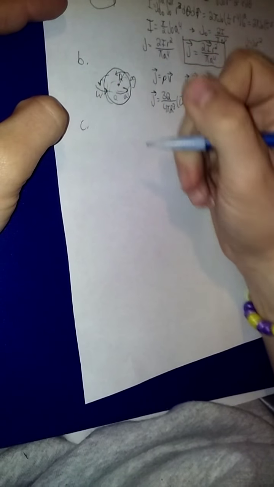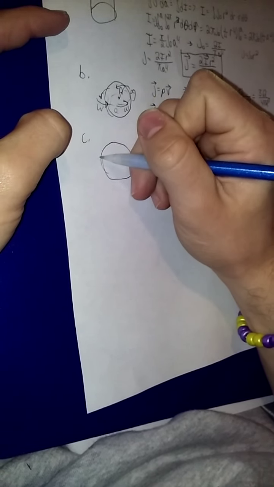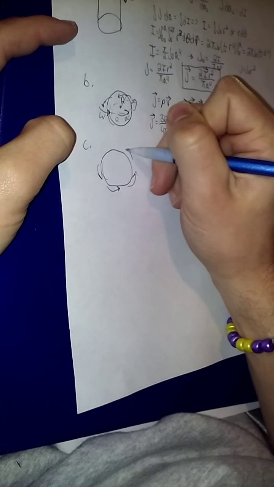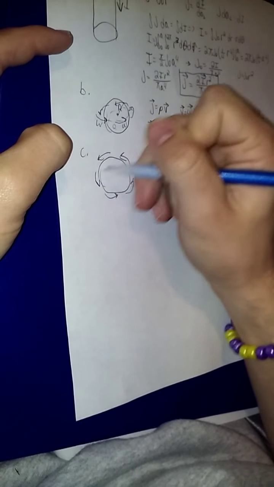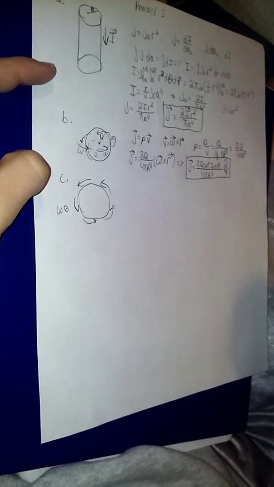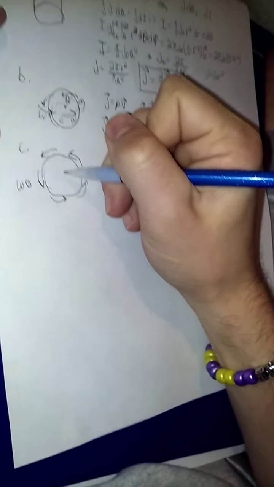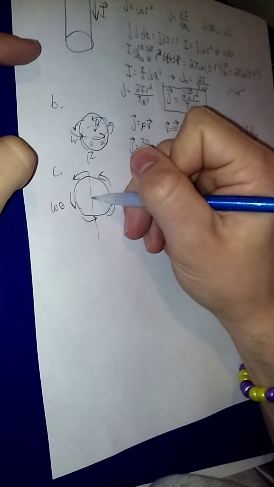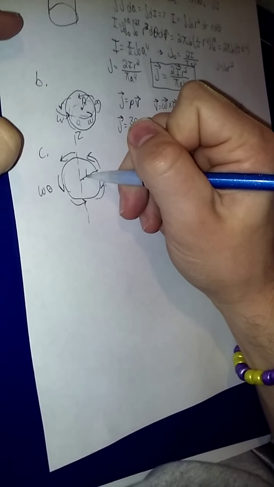So then part C, we now have a disk still rotating. The way we defined it, we have omega coming out of the page, z direction, and we have a radius of r.